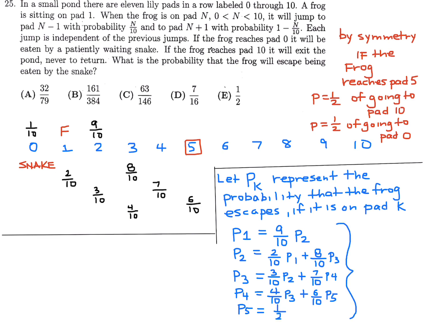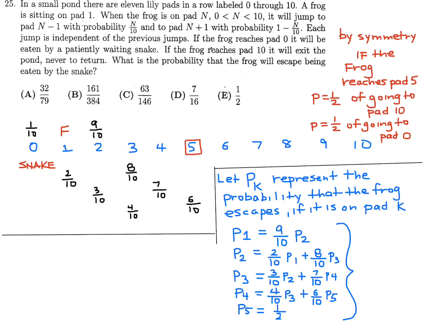So now what we have here is a system of equations. We have 4 variables, P1, P2, P3, P4, and we have 4 equations. We actually have 5, but the 5th one just gives a direct value for P5. You solve this system of equations, and you guys know how to do that.